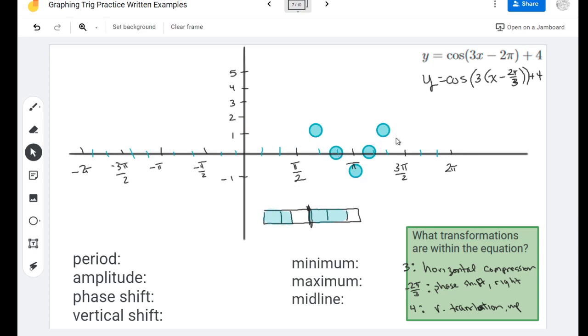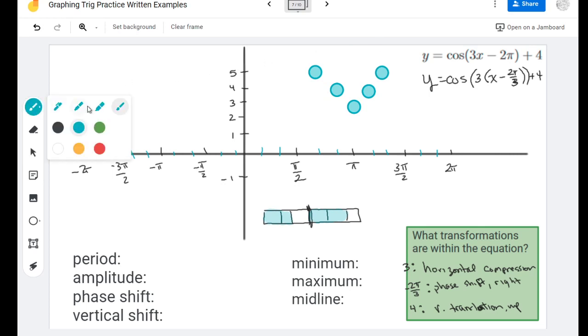So there, I've moved it all to the right by 4 tick marks because that's what negative 2 pi over 3 is. And then I have a translation up by 4 tick marks. So if it's at 1, it'll go up to 5. If it's at 0, it'll go up to 4. And if it's at negative 1, it'll go up to 3. And so that is where our graph will end up. And so now we need to go ahead and use our drawing tool to make our smooth curve.